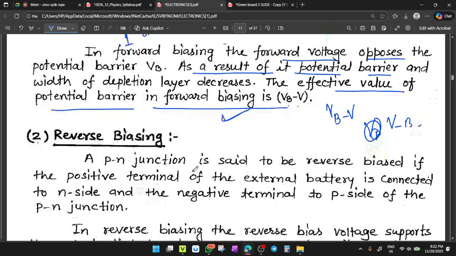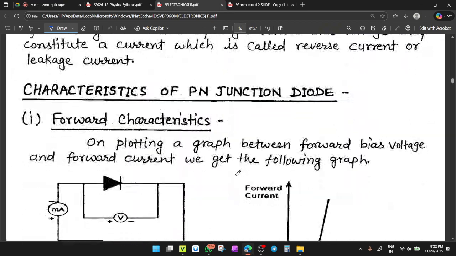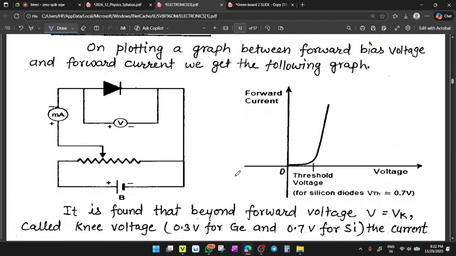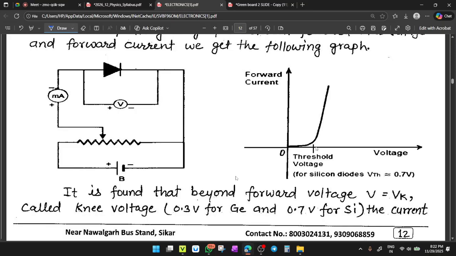In this way, what happened here? Check the characteristics diagram. Initially, till you reach 0.7 volt, there is no flow of current, because your barrier voltage of 0.7 stops the movement of the charges. Clear? So till you apply an external voltage less than 0.7 volt, there is no current.